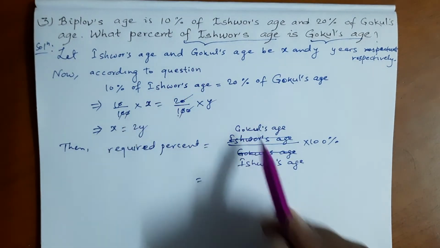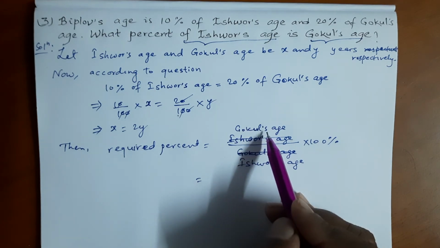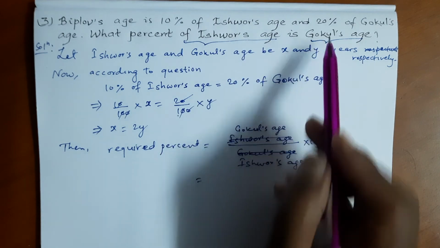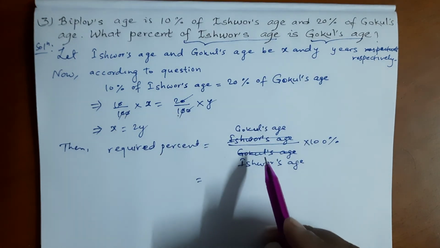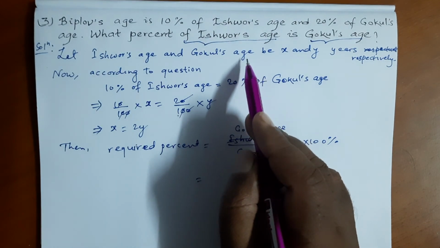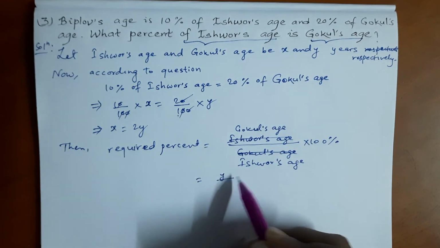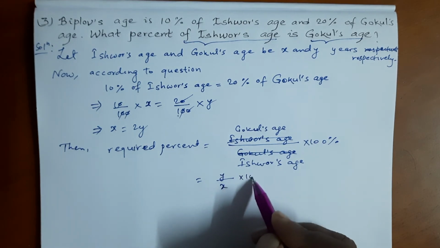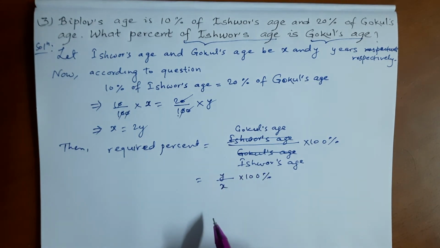How much percent of Ishwar's age is Gokul's age, it says. So in terms of Ishwar's age, Gokul's age we have to find out. So Gokul's age is Y, Ishwar's age is X, times 100%.